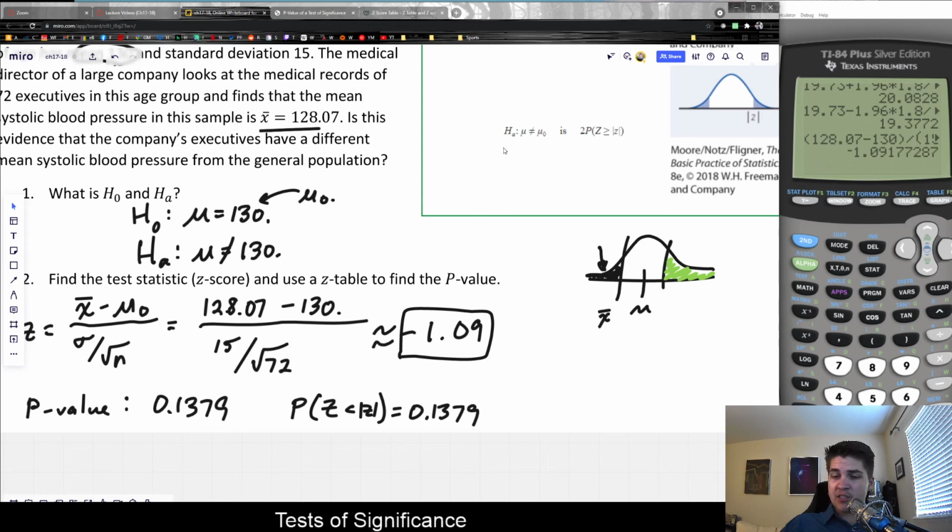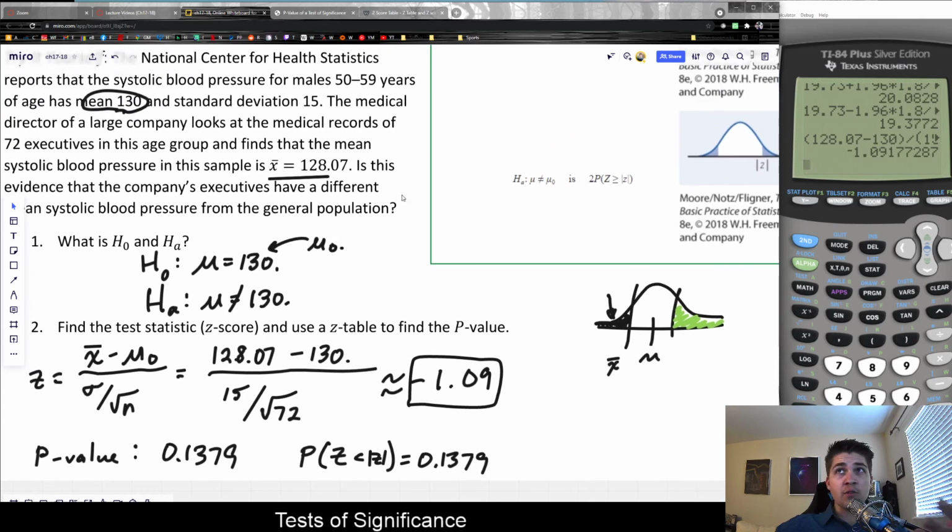But if it's a two-tailed test, you want to double that value for your final probability, because the normal distribution is always symmetric, and for example we could have gotten a sample mean like 132 for the men of that blood pressure. We just want to know how extreme this value is. This one happens to be less, but we don't want to assume we're always going to get something less. So we want to include the probability that we would get something greater as well.